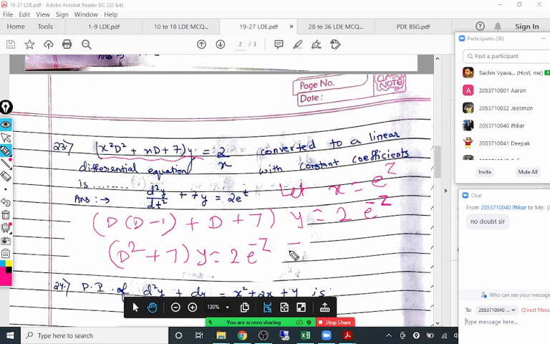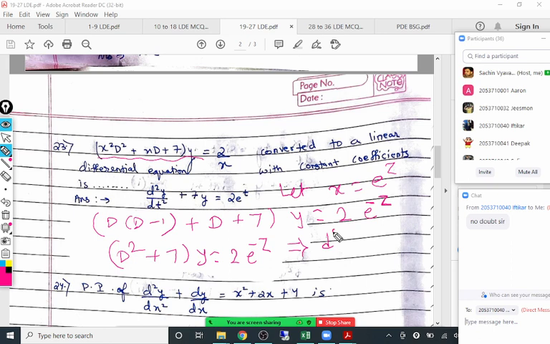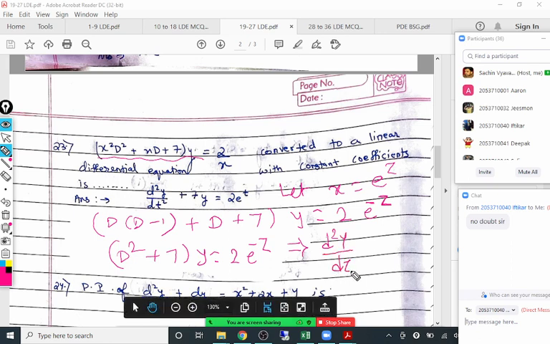The answer can be written in this form also. This capital D is not d2y by dx square. It is d2y by dz square, because z is the independent variable now. Because we replaced x by e raised to z, we changed the variable x to z.